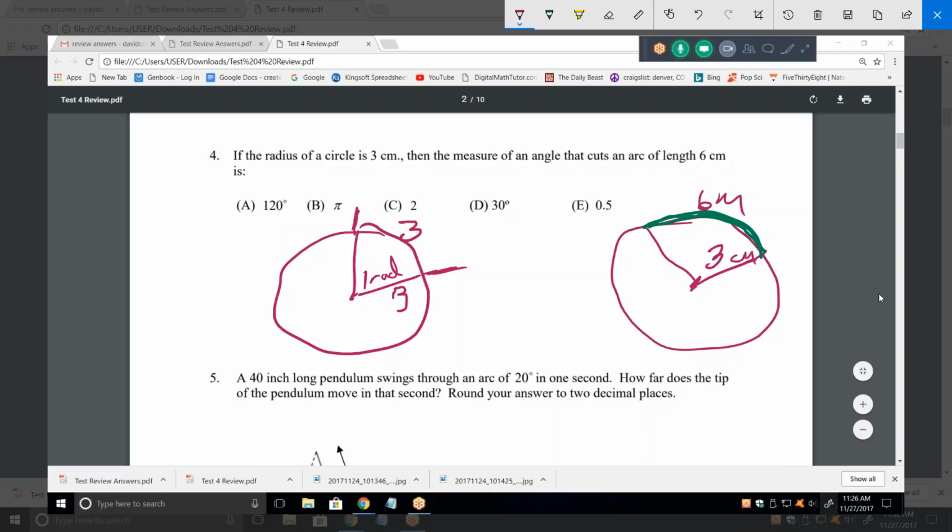That is the definition of radian. 1 radian is an angle that intercepts an arc that is equal to the radius. Really, really important concept in trig. Now, how many radians is that on the right? 2. Okay, then the measure of the angle is 2 radians.